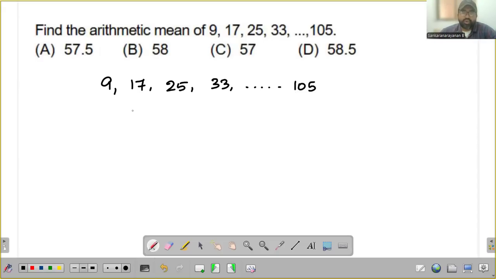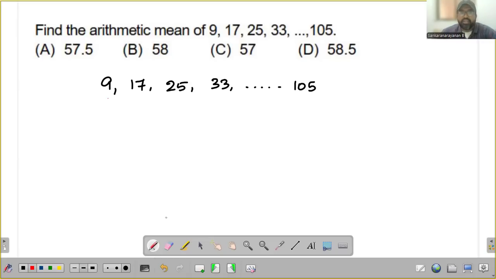If you observe somewhat closely, you can see that these numbers 9, 17, 25, 33 are in arithmetic progression, because 9 plus 8 is equal to 17. 17 plus 8 is 25, plus 8 is 33, so on and so forth. Okay, so you know that these numbers are in arithmetic progression.